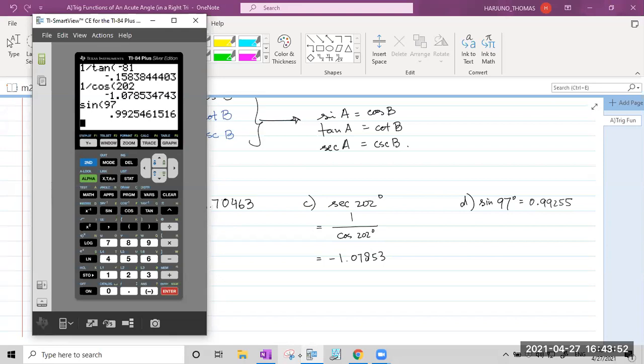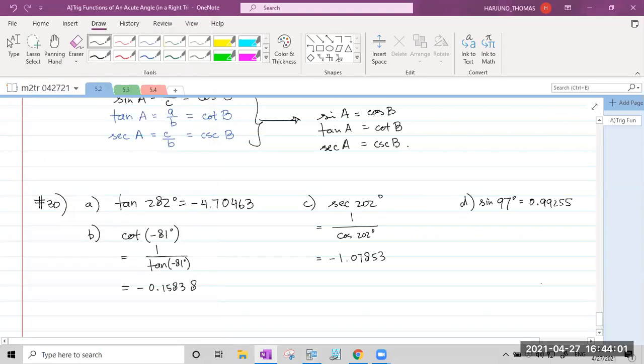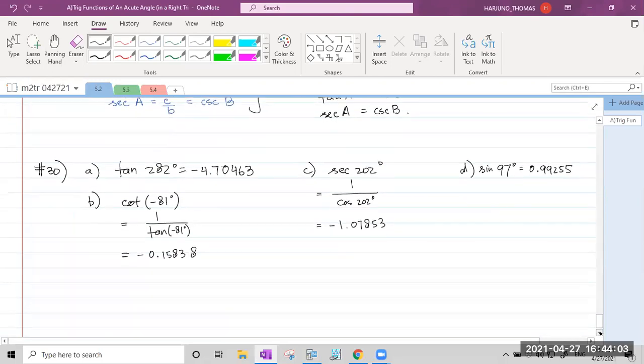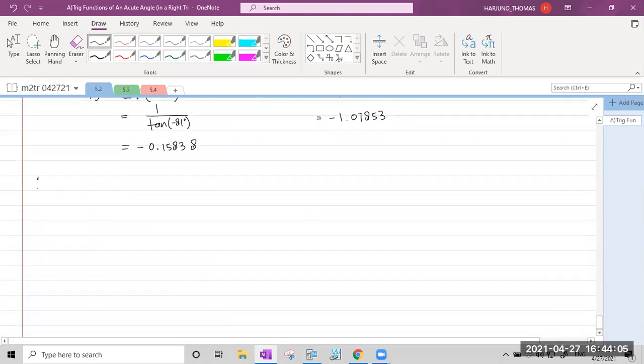Now, what happens if you don't have the degree sign? If you don't have the degree sign, it must be in radian. For example, take a look at number 32. Part A, sine negative 0.11.